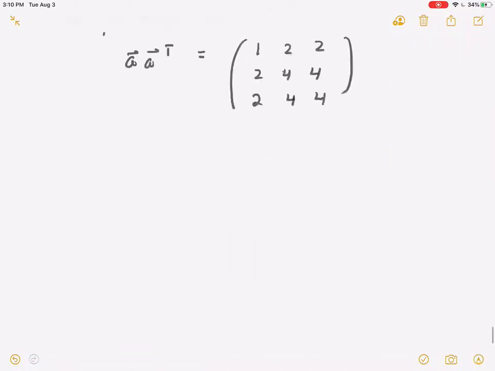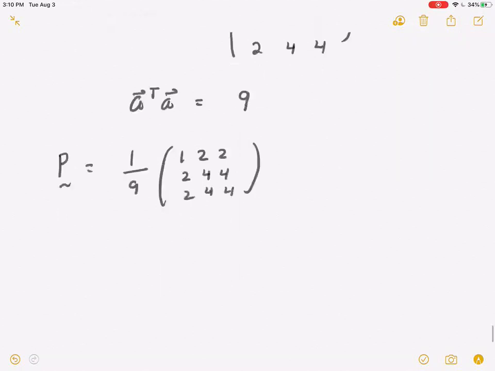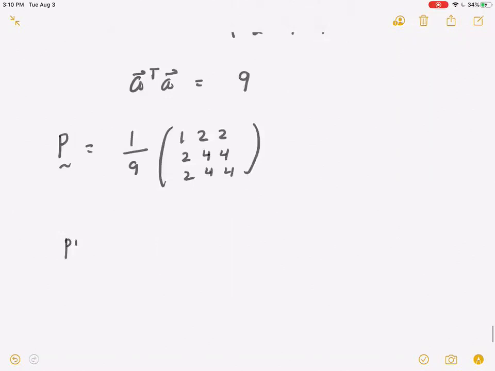And the dot product of A with itself is just a scalar. So the projection matrix is just 1/9 times the following 3x3 matrix. And we have our answer.